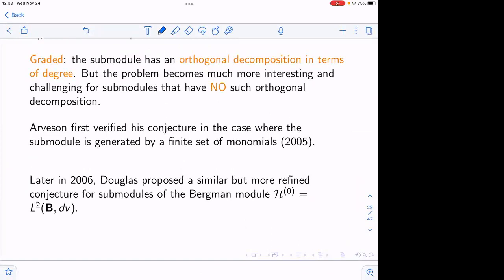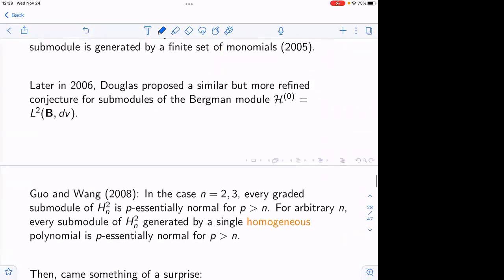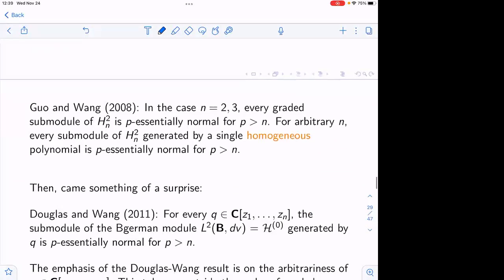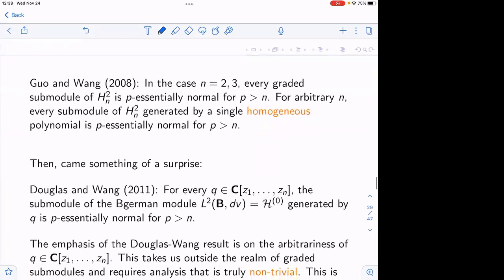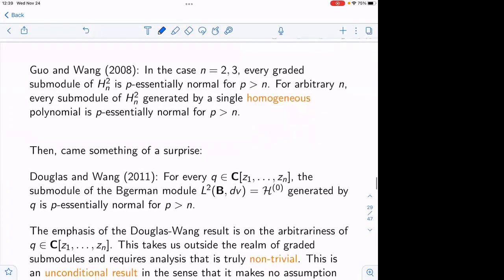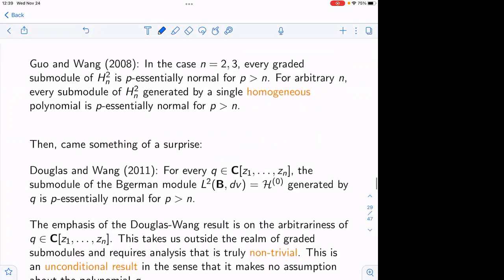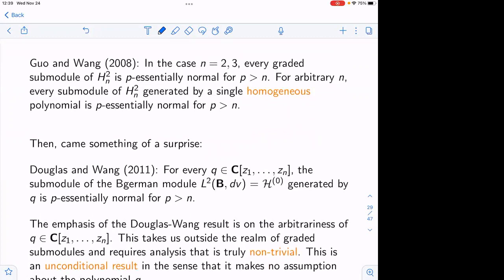The refinement comes when you look at the quotient module, where you actually have improved essential normality. As far as Arveson's original conjecture goes, I think the best results are due to Guo and Wang going back to 2008.